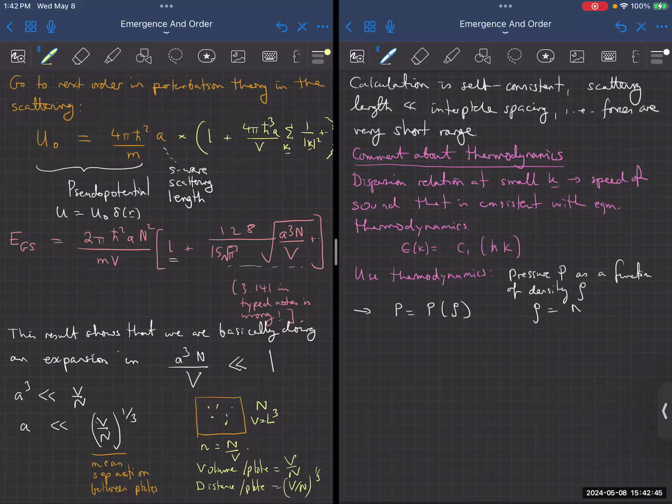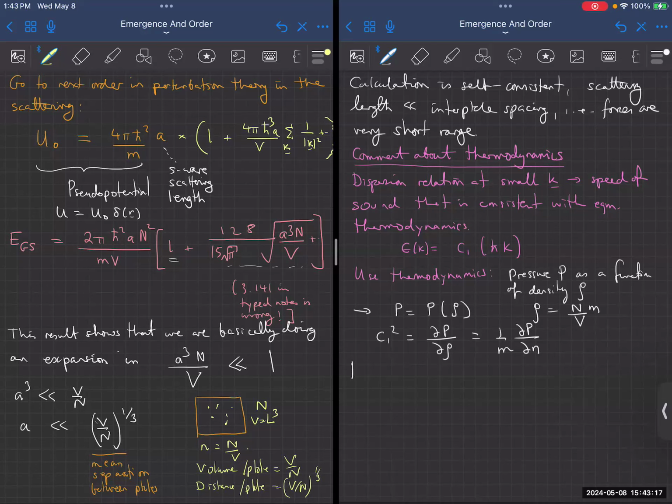Rho is just n over V, the number density times the mass of the particles. So C1 squared is equal to dP by d rho, which is 1 over m dP by dn. That's just the standard formula from thermodynamics.